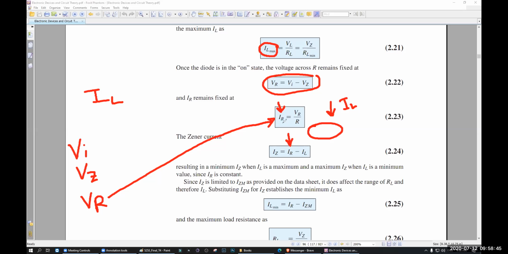So if IL is maximum, your IZ is minimum. If IL is minimum, your IZ is maximum. So we can call IL minimum equal to IZ maximum in the same formula. If we got the IL minimum, can we find out the RL maximum?